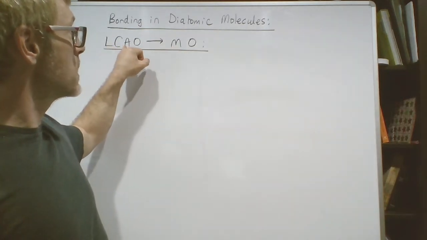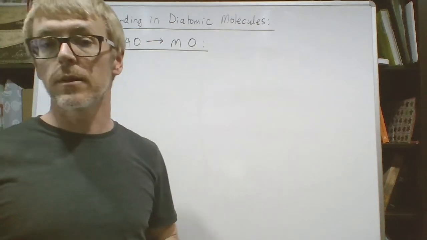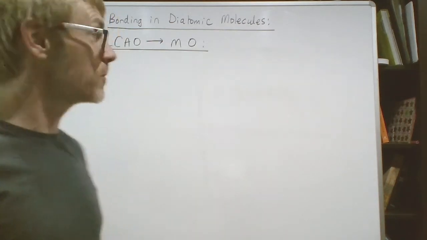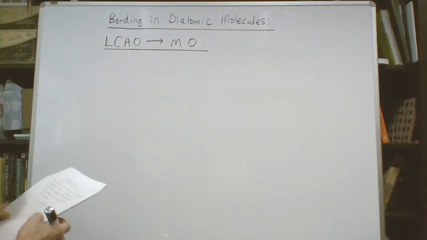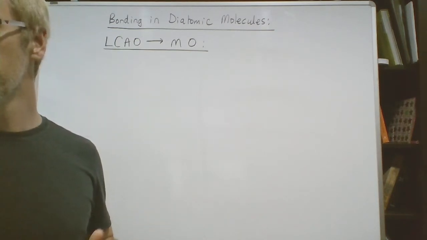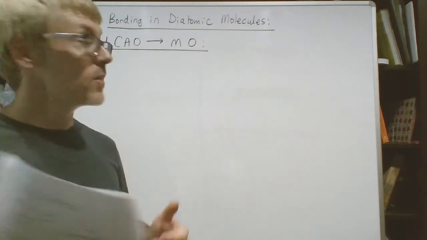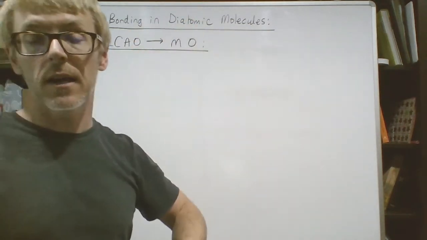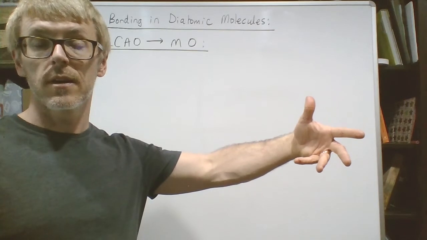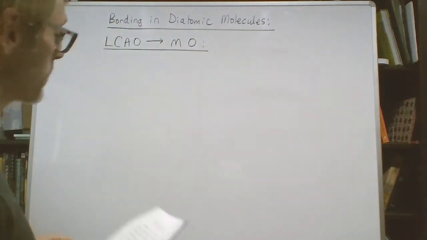So a linear combination of atomic orbitals then gives us information about the molecular orbital. Just to reiterate what we've discussed already, if an electron can be found in an atomic orbital belonging to atom A, and also in an atomic orbital belonging to atom B, then the overall wave function psi is a superposition, a linear combination of those atomic orbitals.